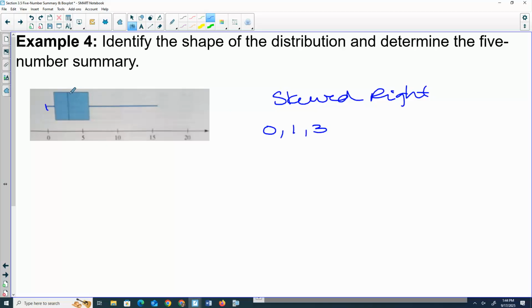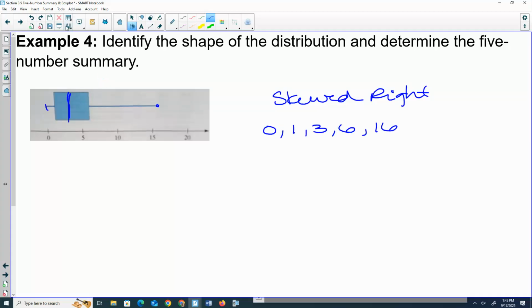Quartile 3, 6. Our maximum, 16-ish. So we can get our 5 numbers from this and have a little information about our data as well.